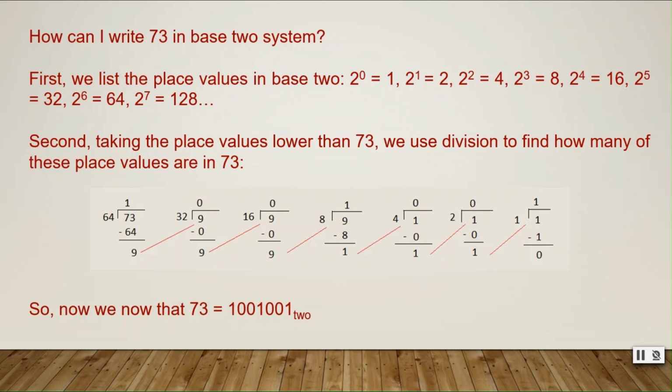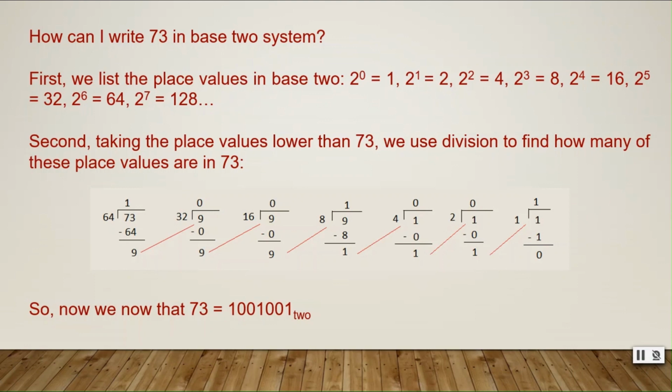And finally we divide 1 by 1, and 1 goes once into 1, so we get at the end remainder 0. The quotients of each of the divisions are going to be the digits that we use to represent our base 2 numeral.